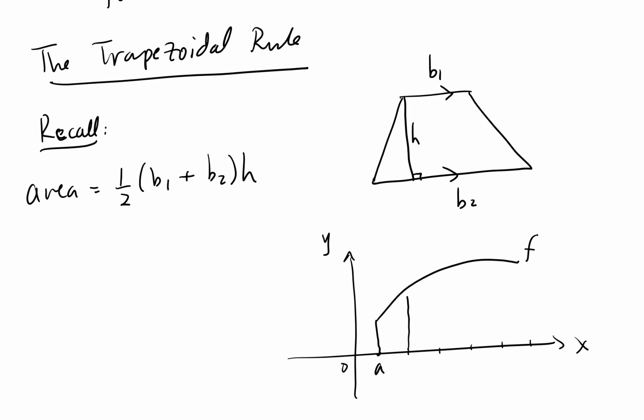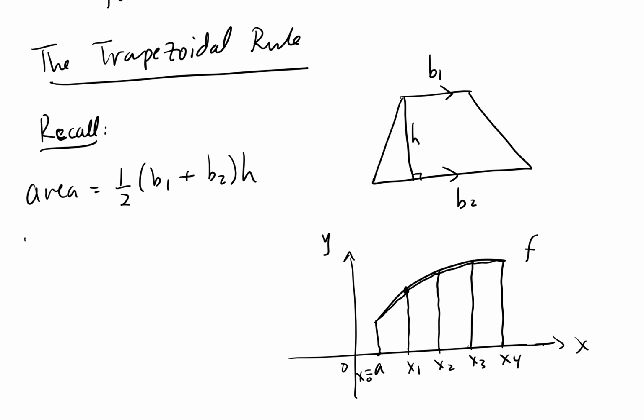They go all the way up and connected there, all the way up, connected there, all the way up, connected. Let's say that's the last one. X0, X1, X2, X3, X4. So we're taking 4 cases, 4 trapezoids.